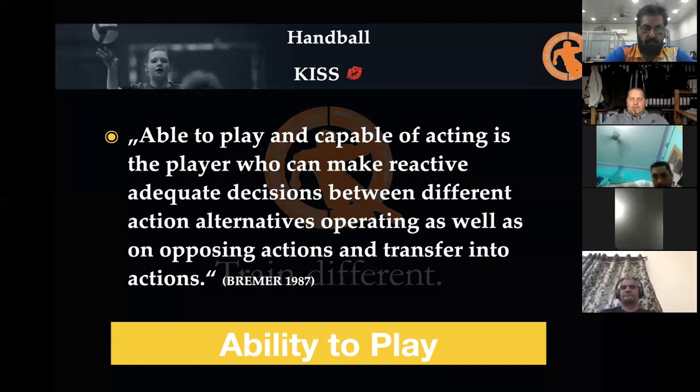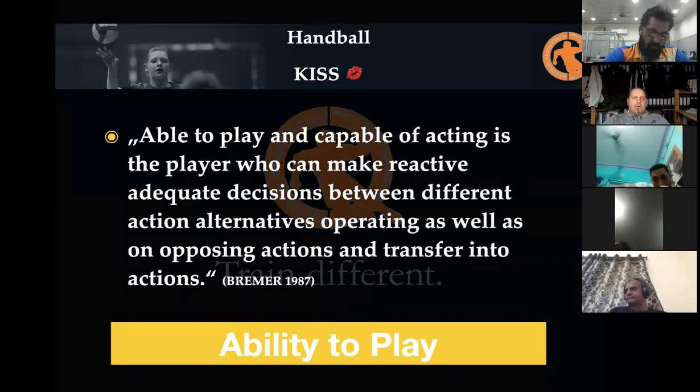On the other side, and this is something from the first part of this definition, we have to see that using the techniques in situations or making a decision is not something which the player decides in attack, for instance, without any relation or without any information from the court. He must always do this in reaction to what the defense, what the opponent is doing.